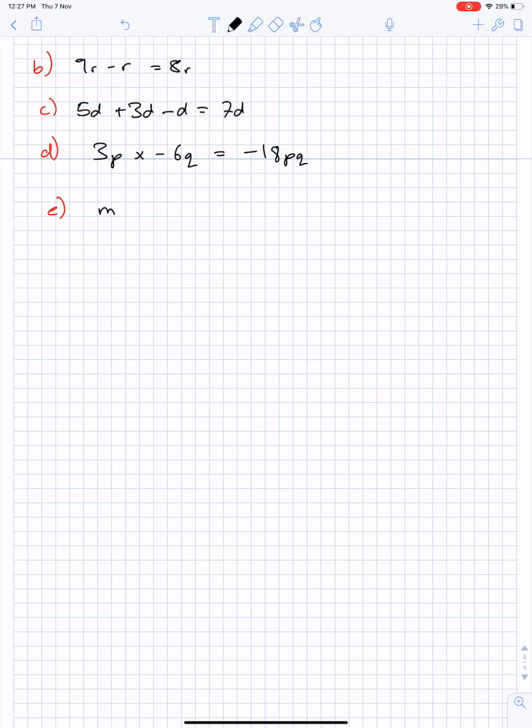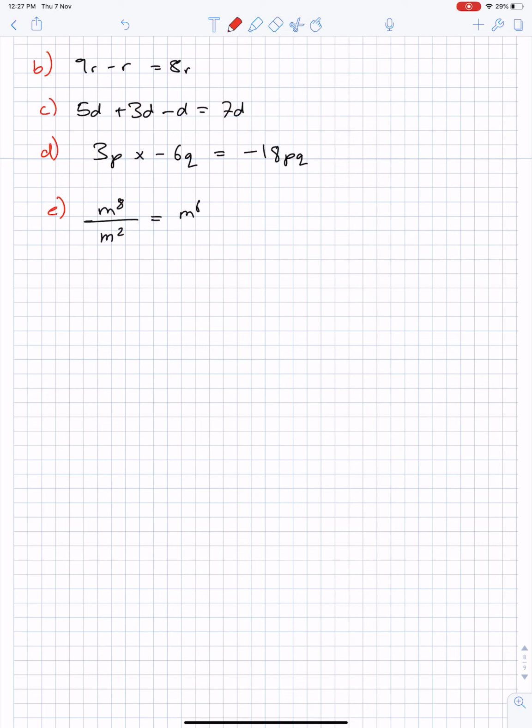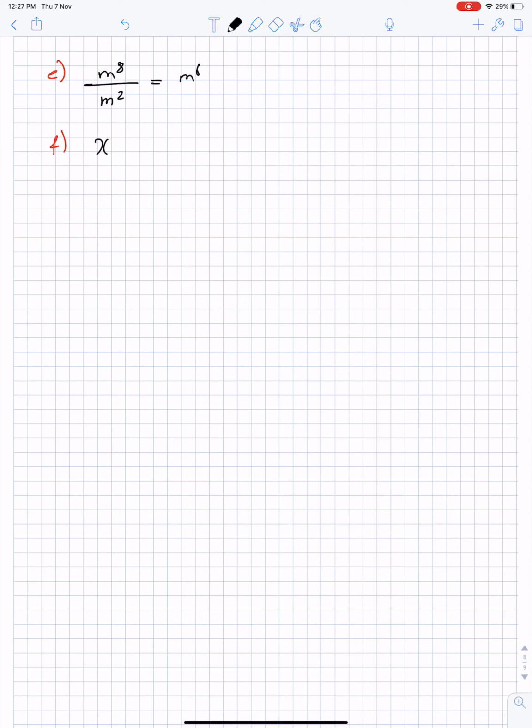m to the power of 8 divided by m to the power of 2. Exponents, so you've got to subtract 2 from 8. So you got m to the power of 6. Whenever there's an exponent, you've got to subtract it. If x plus 3x squared divided by x.